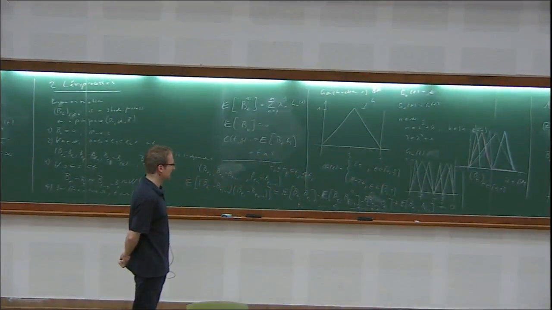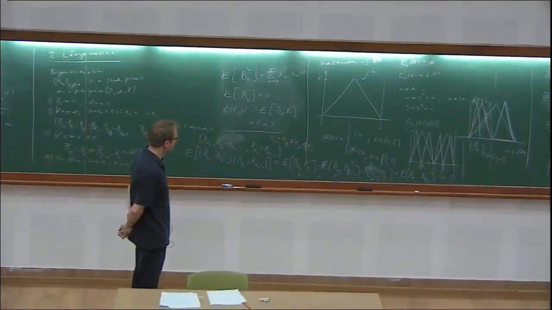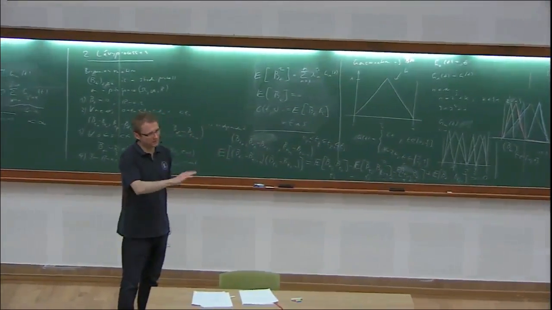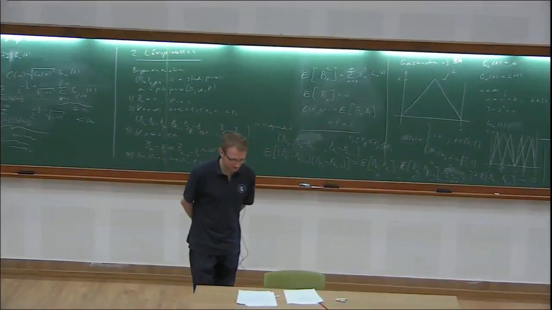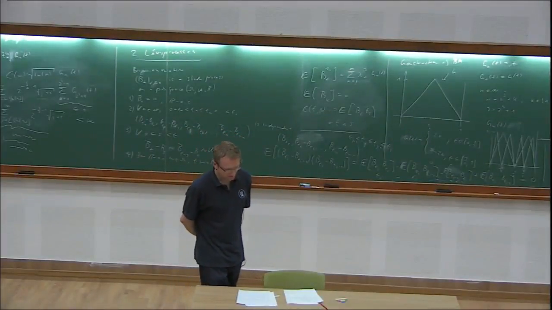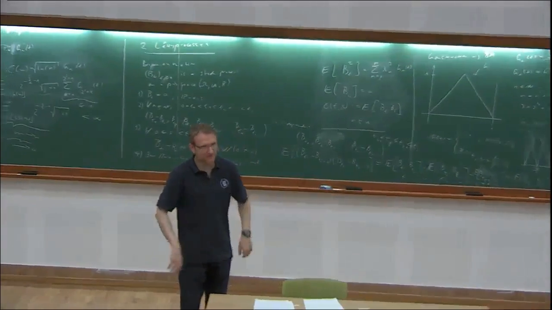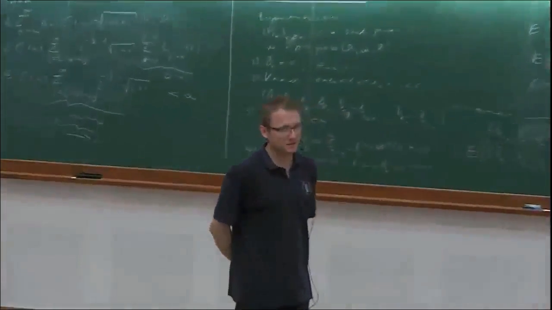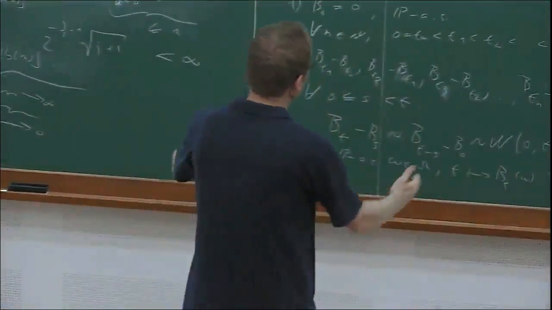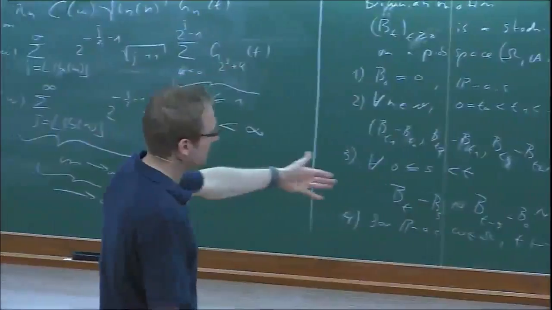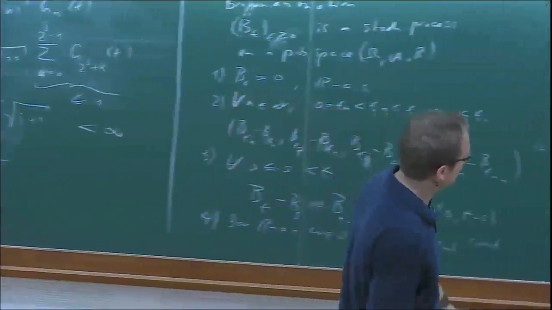Okay, so in general, you're right. There could be an issue, but in this case, it's not. We can talk about this in the tutorial and afterward. But it's no problem at all. It's Gaussian, and it's a Gaussian vector which has just the autocorrelation function given by the minimum.